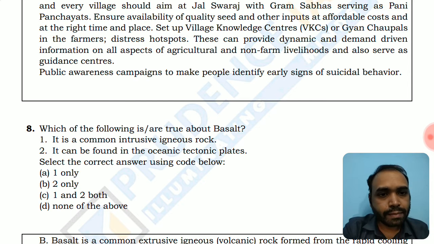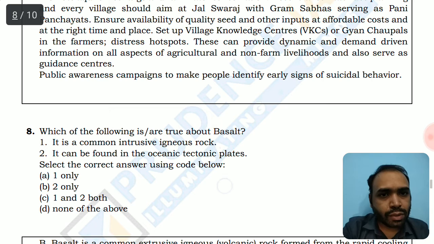Which of the following is true about the basalt? It is formed by the volcanic activity. So it is a common intrusive igneous rock. This is extrusive because it is formed outside the crust. So it is the extrusive rock formed by the volcanic, or it is of volcanic origin. First one is wrong. It can be found in the oceanic tectonic plates.